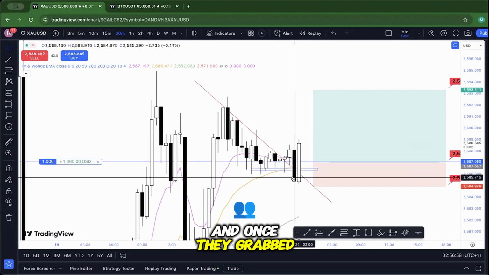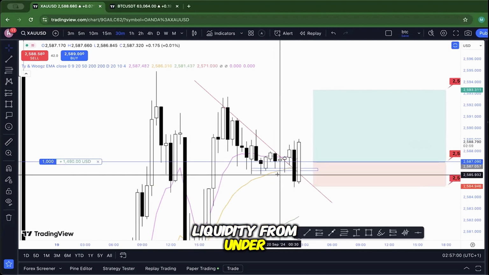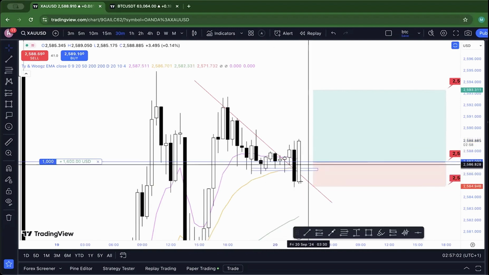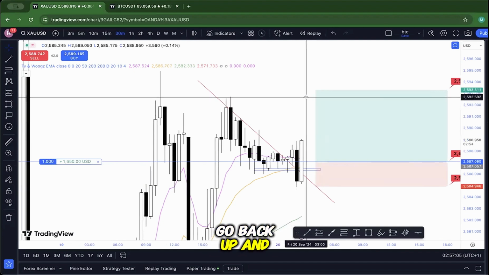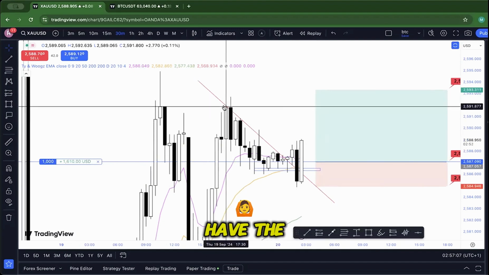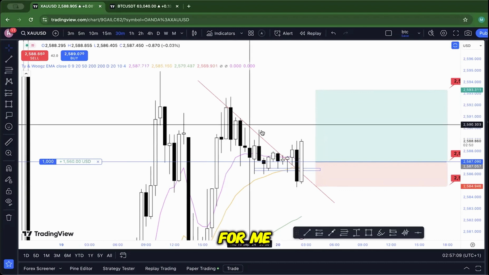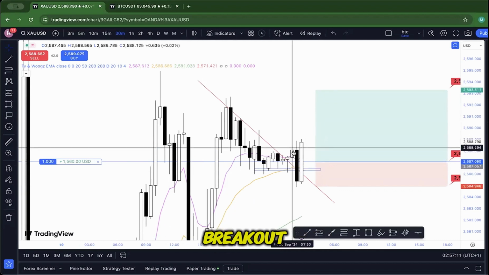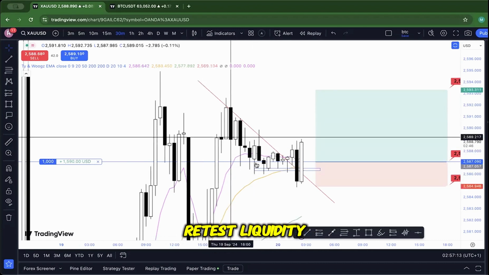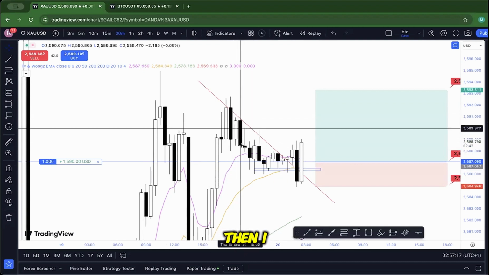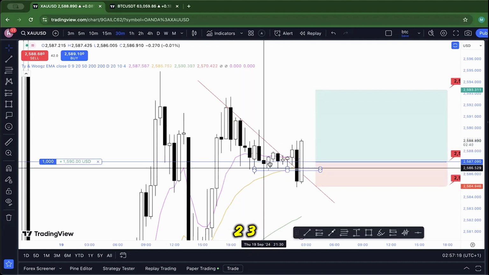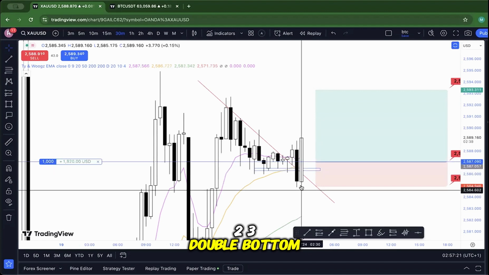And once they grabbed liquidity from under and came back, the market is going to go back up and test this. Once again, we also have the second confirmation for me. First confirmation was the breakout, retest, liquidity grab, and then one, two, three, double bottom, pullback.